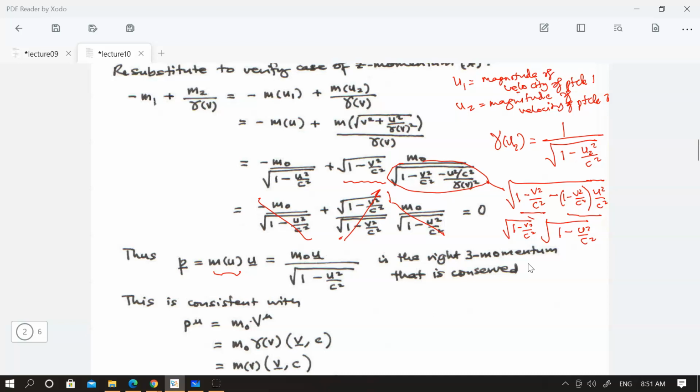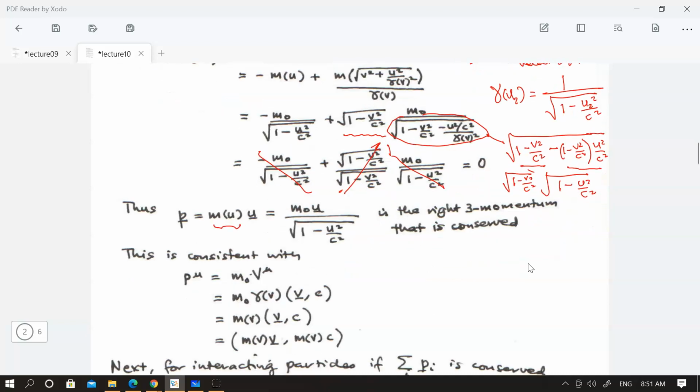This is good because it will be compatible with the formula that we have, not to say predicted, but essentially posited, because you want it to be parallel to your v mu, your 4 velocity.